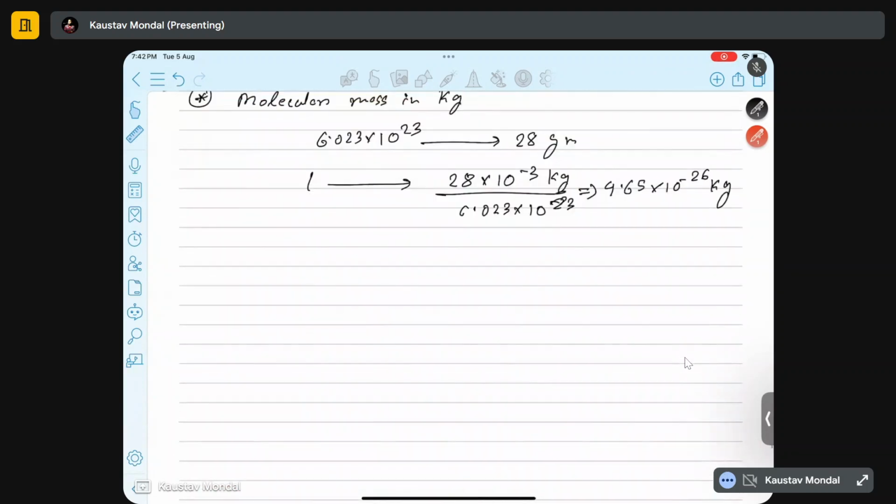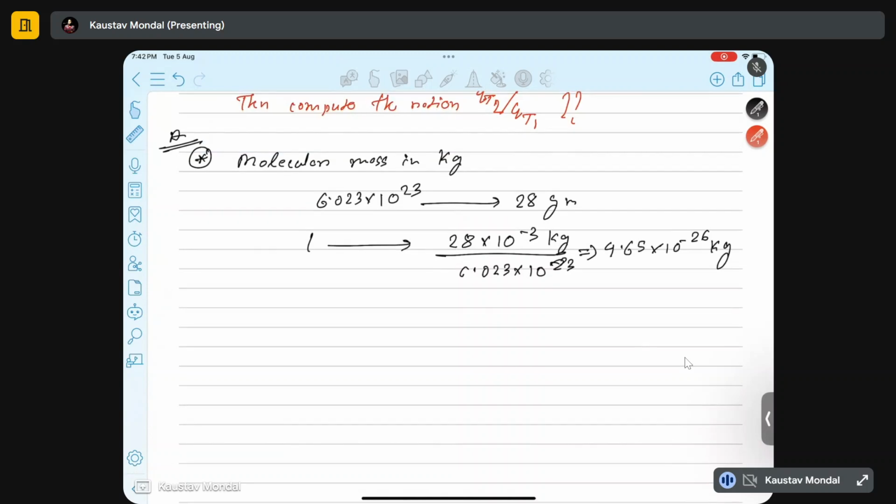Okay. So now, with this in our hand, the next thing that we will be calculating is the partition function.